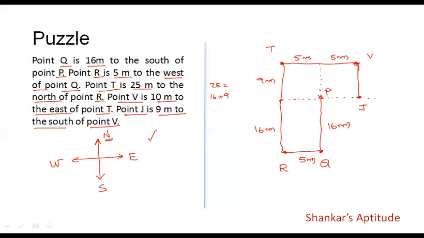From here to point T it is 9 meters, right? The same distance can be extrapolated here from V to J, that will be 9 meters. So we can see point P, point Q, point R, then point T, then point V, and point J are located as indicated. So kindly copy this orientation of these points into your rough sheet.